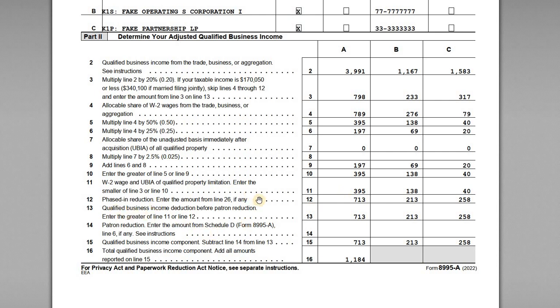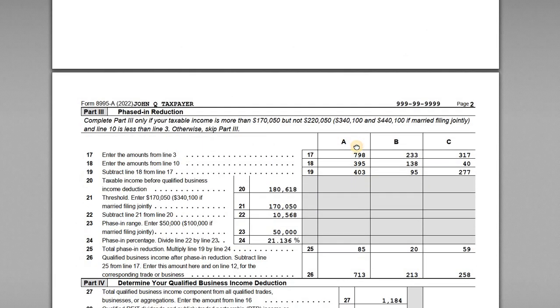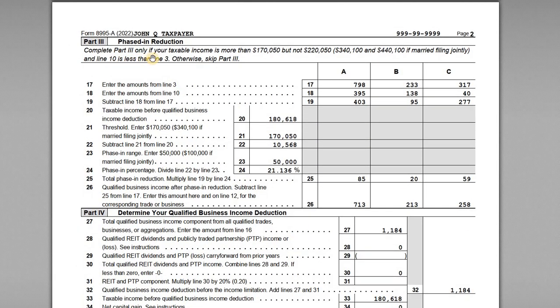All right, so Part 3 is the phased-in reduction for the W-2 and the UBIA amounts. So if we look at Part 3, notice what it's asking us here. Complete Part 3, so this section, only if your taxable income is more than 170, but not more than the 220. That's us, we're in this range.